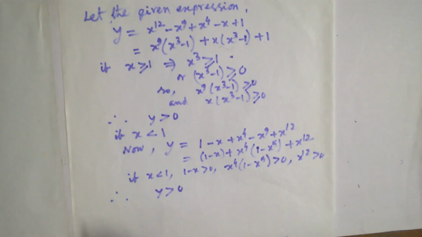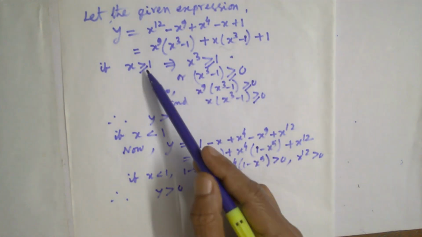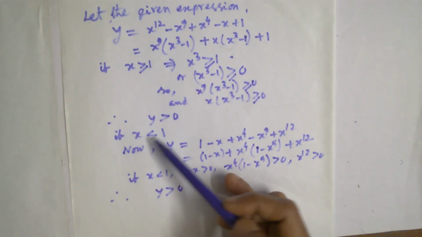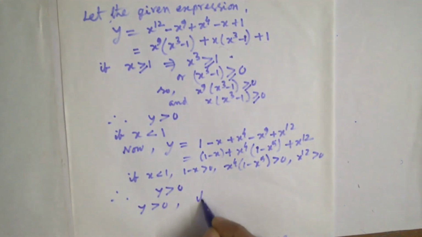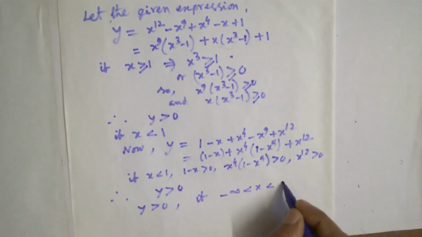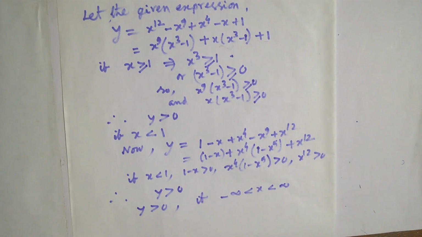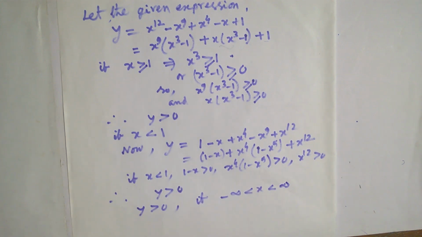Hence, we may conclude that in the case of x greater than or equal to 1, and in the case x less than 1, we conclude that y is greater than 0 for minus infinity less than x less than infinity. That means for any real number x, the given expression y is greater than 0.